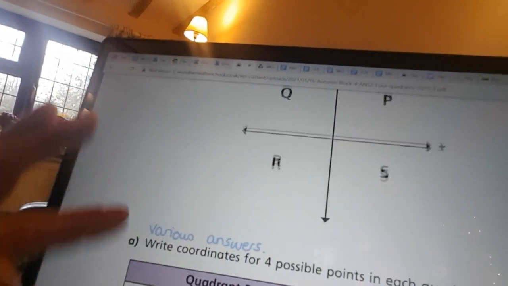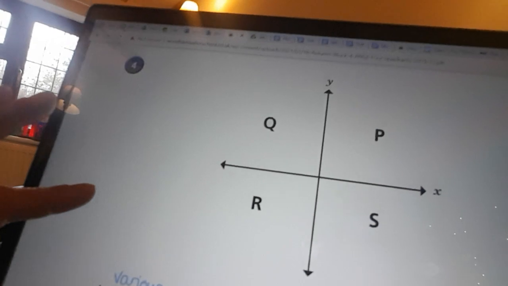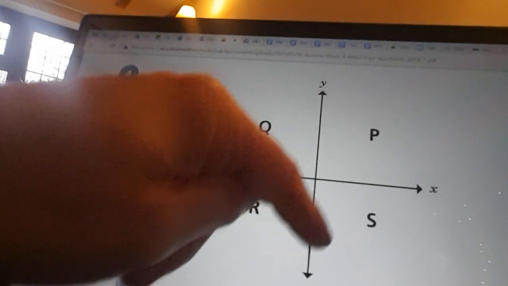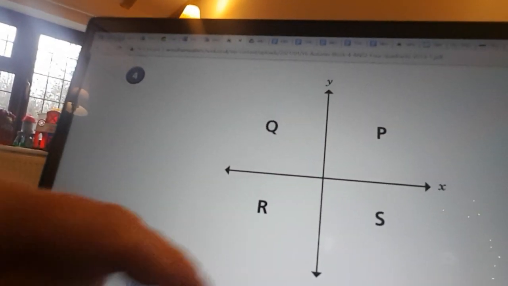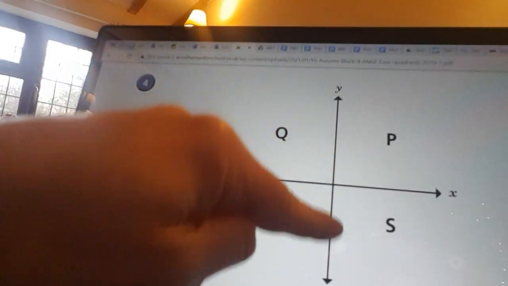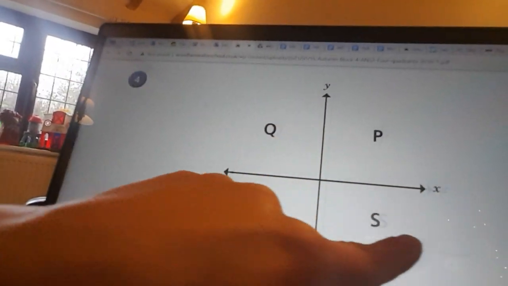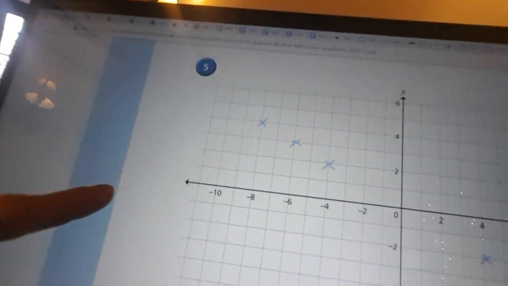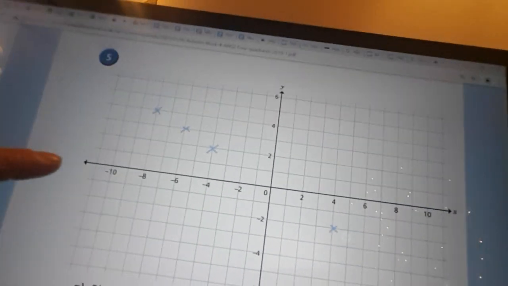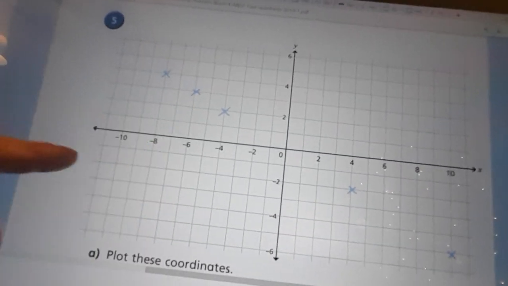Alright, I hope you managed to fathom that out. Draw it out if you need to. Draw yourself an X and a Y axis and then put on some numbers so you can see which numbers are negative and which are positive. Just like in this grid on question 5, you can see this section down here is all going to be negative.